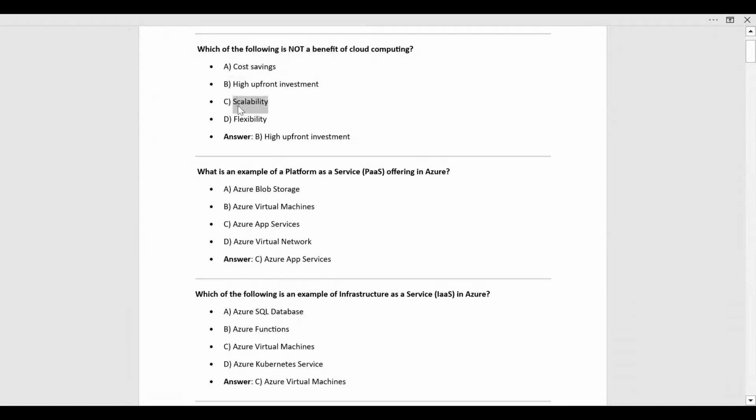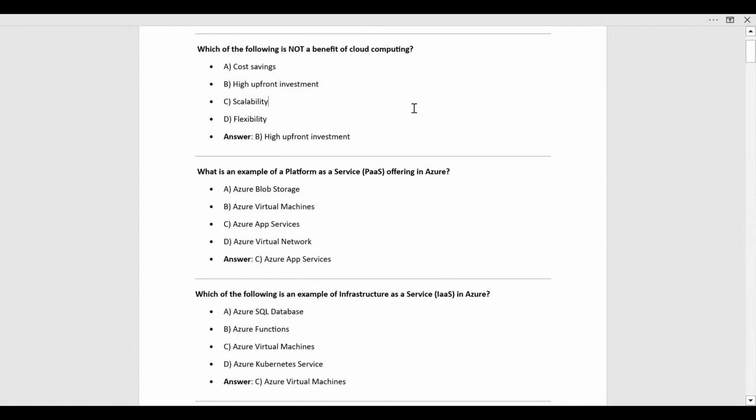Scalability, as I told you, whenever I'm in need, I can increase the machines. If I don't want them, I can decrease the machines. So scalability and flexibility both are advantages of cloud computing. Then what are we left with? High upfront investment. You're not going to invest anything here.